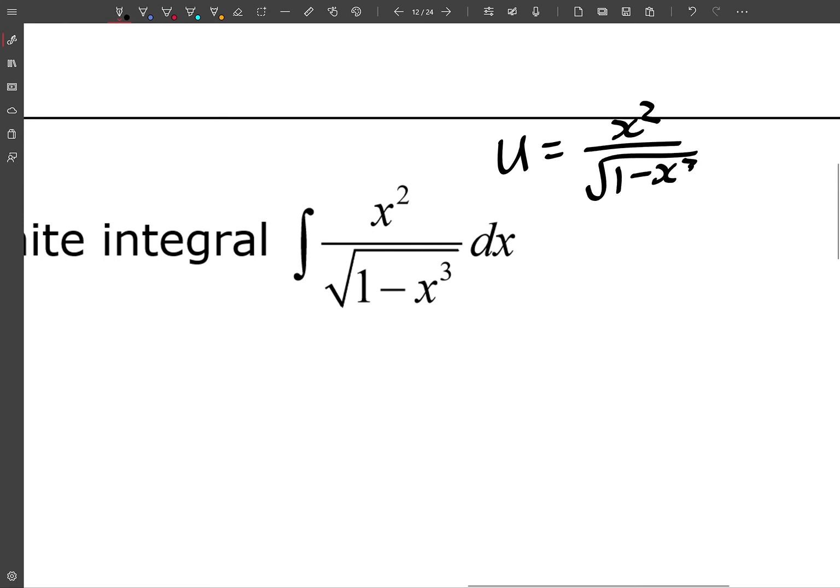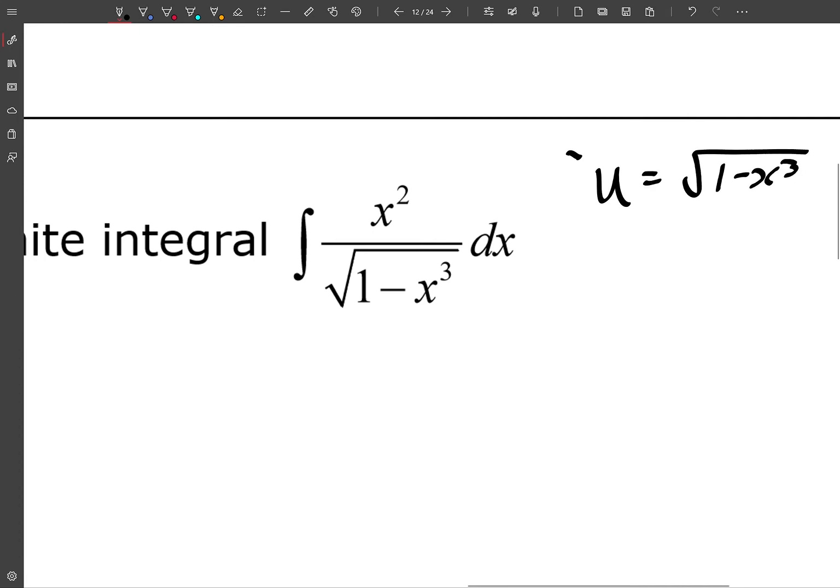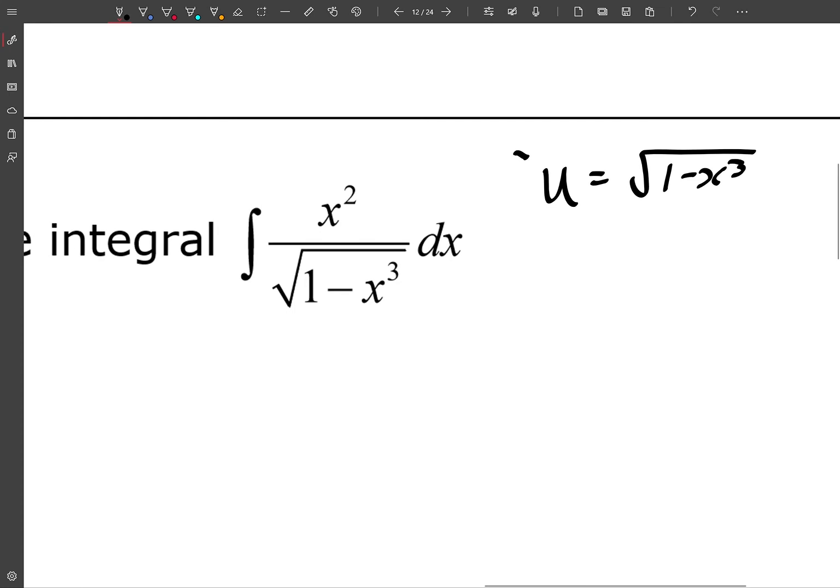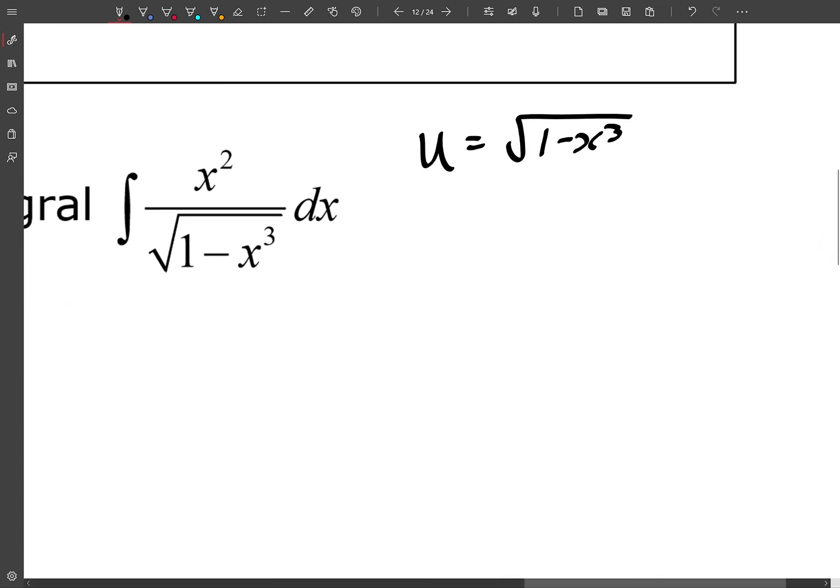Except that's not really all that helpful, because then you'll still have to end up taking the antiderivative of x squared over the square root of 1 minus x cubed. So that's not it. And then people will often pick, well, let's set u to the square root of 1 minus x cubed. Let's try that. But again, this one's still more challenging than we know how to deal with. So we want to make sure we pick something we know how to take the antiderivative of.